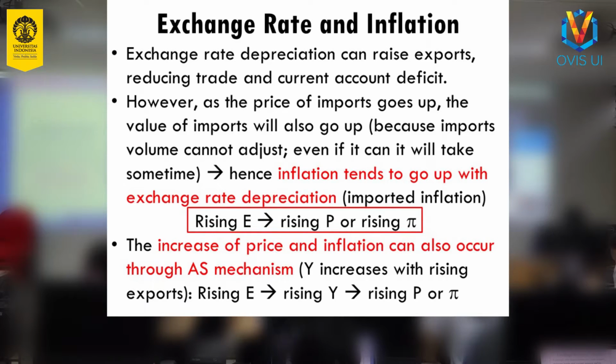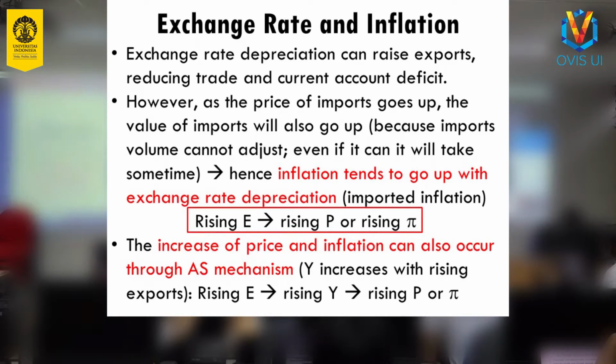But as I said, in the real world, in the case of Indonesia, we cannot do that. We need those imports. Unfortunately, now the price of that import goes up. So if the price of the import goes up, let's say you're producing textile, okay? And then you need the coloring, you need some cotton, and all those are imported.